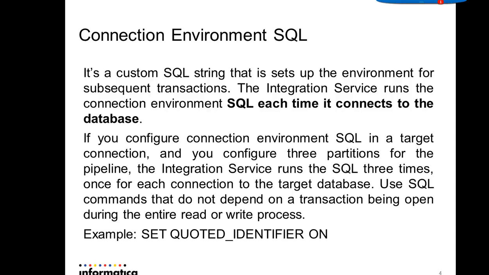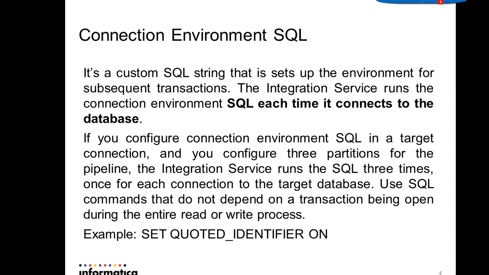A connection environment SQL is a custom SQL string that's set up for the environment for subsequent transactions. The integration service runs the connection environment SQL each time it connects to the database.